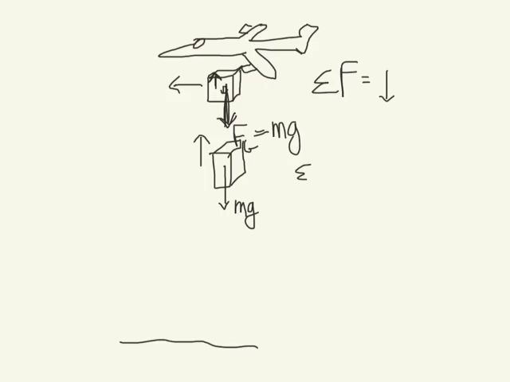But still, the net force is downward, but it's a very small net force. Still, our crate is accelerating downward, just not at as fast a rate of acceleration as before.